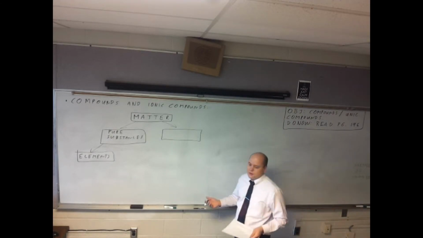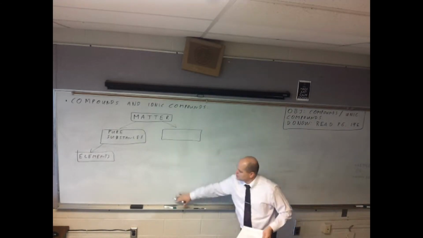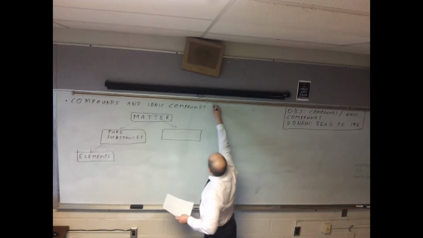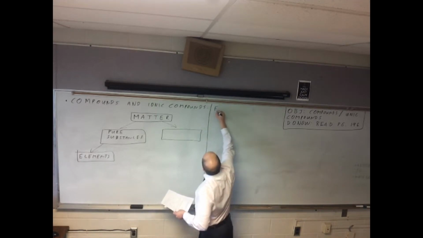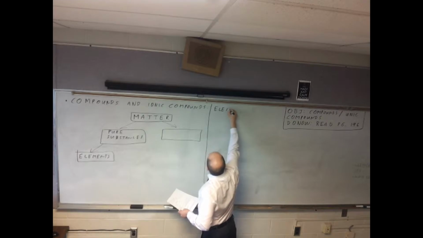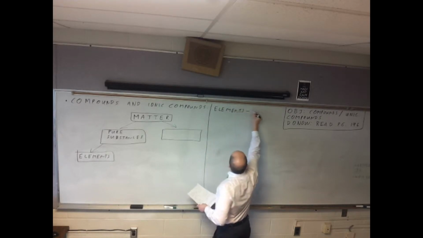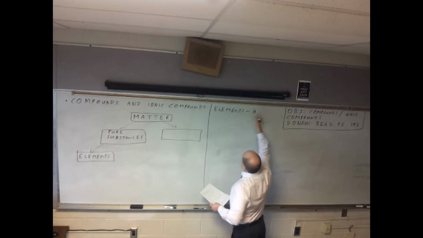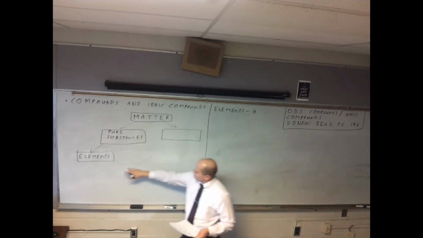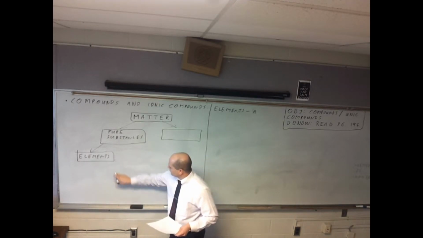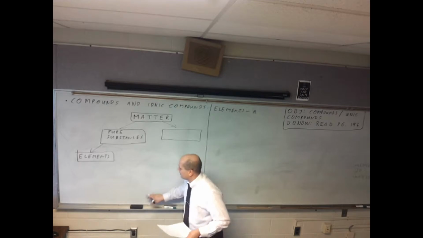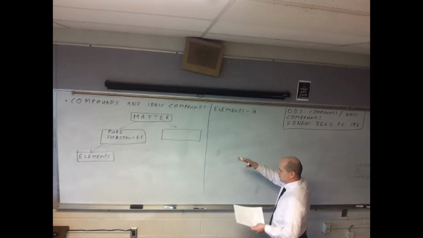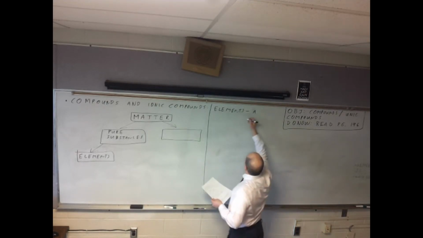Elements are pretty simple. If you want to, below this, skip a few lines. I'll give you the definition for elements. My definition, anyway. Elements, you should write this. There's going to be one box here and there's going to be two below it. So below this, leave enough room for another level on the flowchart.